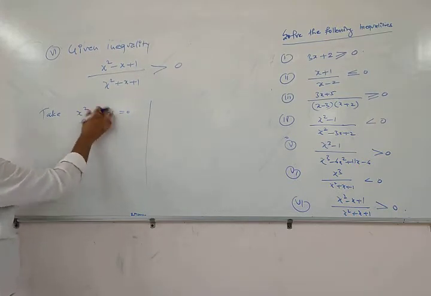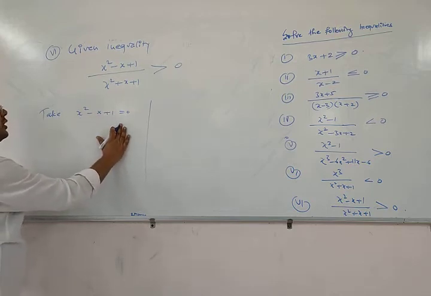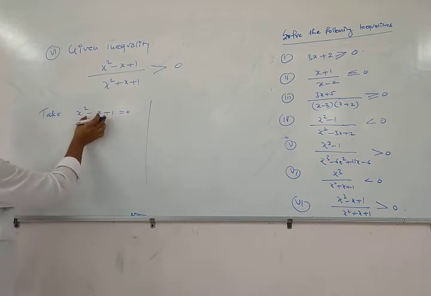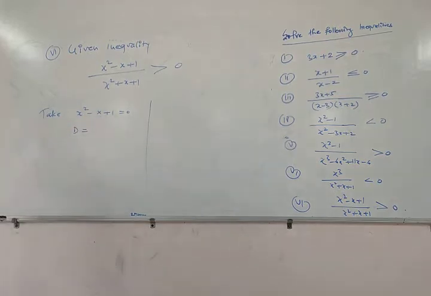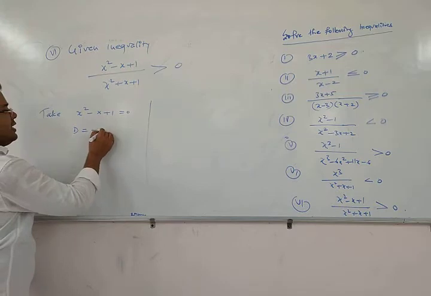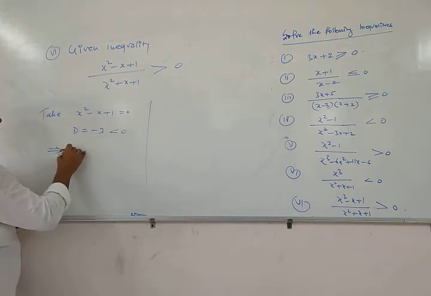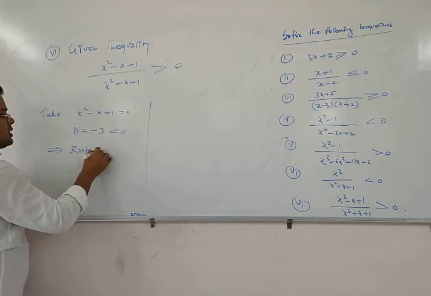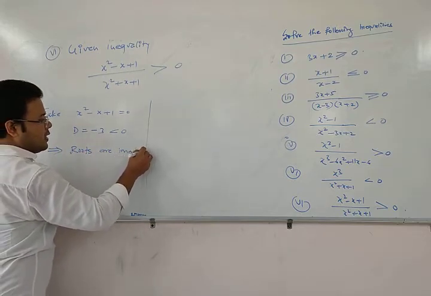Here this is a quadratic equation, and we can't write its factors, so we have to find the discriminant, and we will get the discriminant is minus 3, which is negative. This implies roots are imaginary.